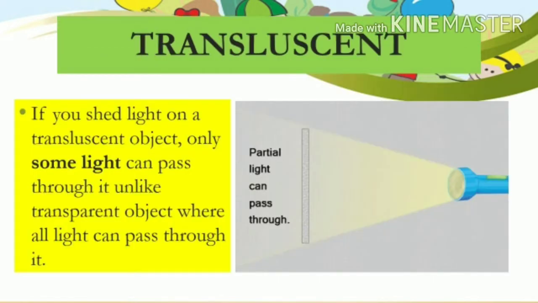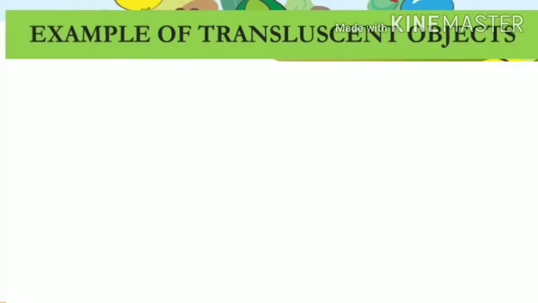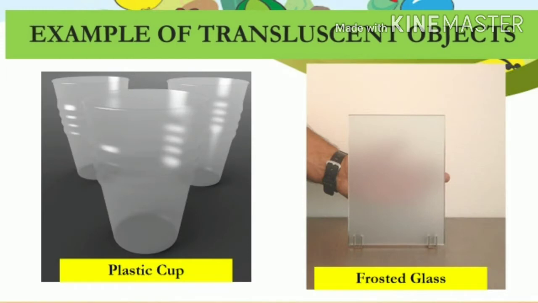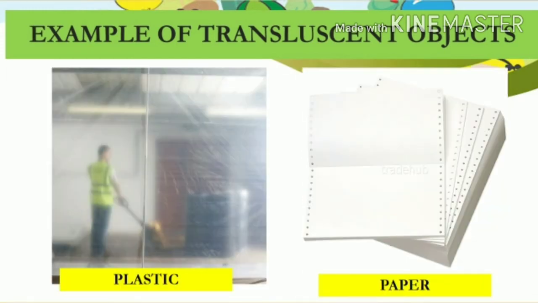If you shed light on a translucent object, only some light can pass through it, unlike transparent objects where all light can pass through it. Translucent objects are partially clear objects. Examples of translucent objects are plastic cups, frosted glass, plastic, paper, and more.